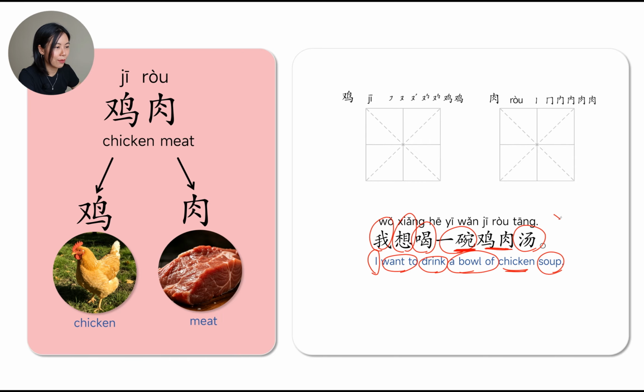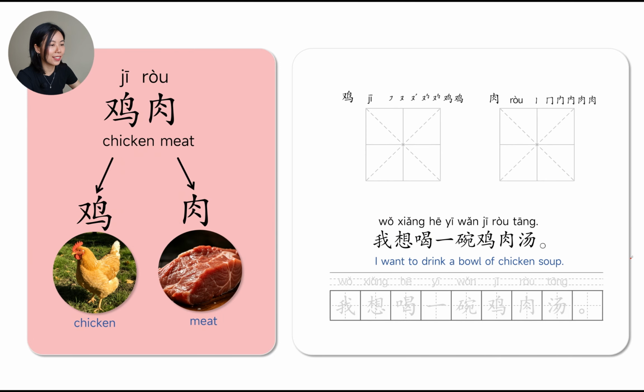You can see we have a water radical on the left side of the 汤, okay? Because the soup is made of water. Okay, so the whole sentence, 我想喝一碗鸡肉汤。I want to drink a bowl of chicken soup.